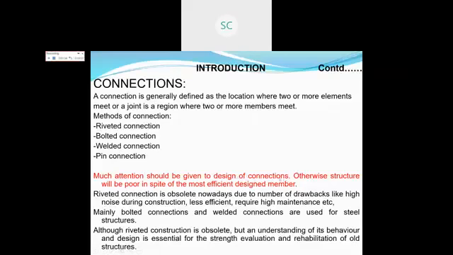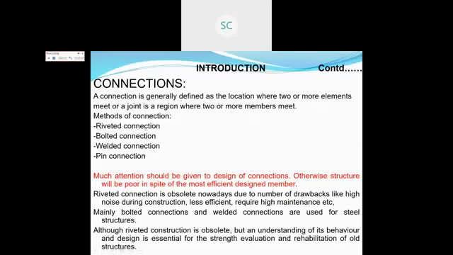Whether you provide riveted, bolted, welded, or pinned connections, you have to design these connections, and then your structure will have good strength, load carrying capacity, rigidity, and serviceability.